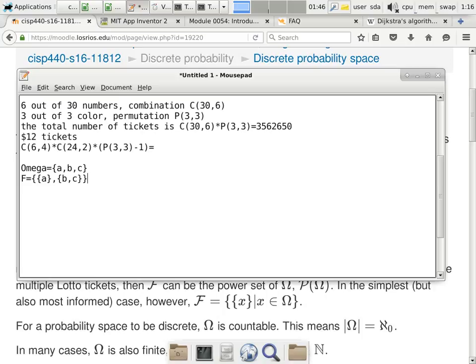Because this is really an important concept, that F itself does not have elements of omega, it has subsets of omega. All right. So F is the set of what we call events. So in this case, A all by itself, which is a possibility, is by itself an event. B, C is now grouped together as one particular event.